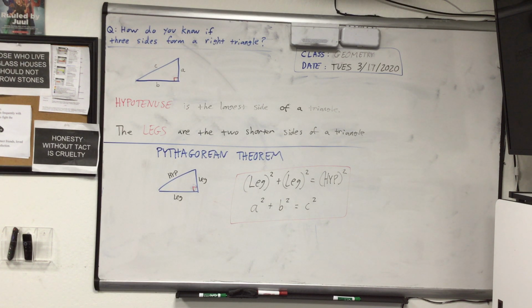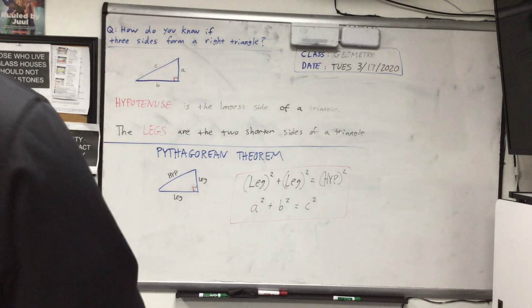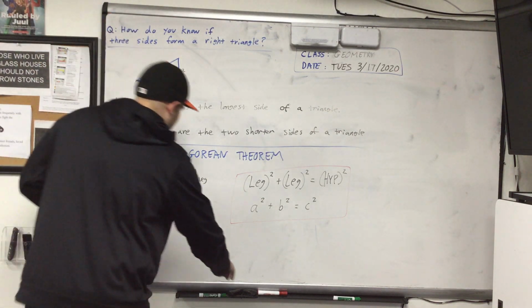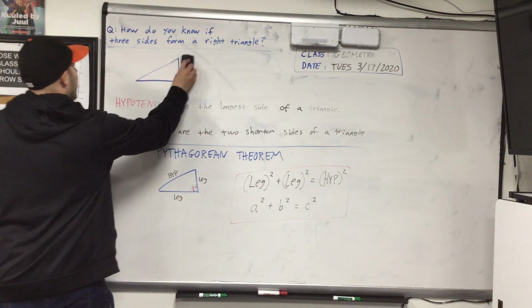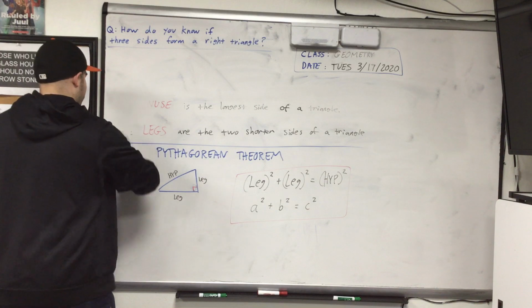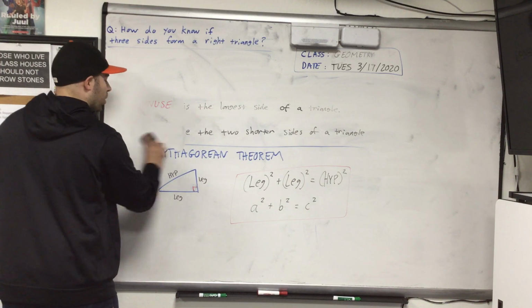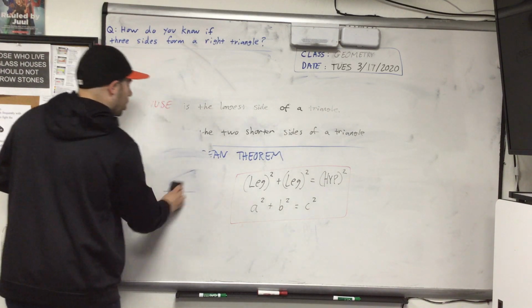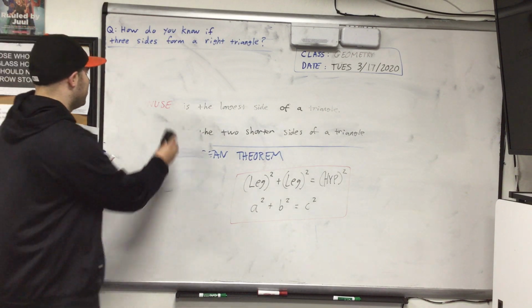Okay, so in the diagram, A and B are legs and C is the hypotenuse. Moving on. So now we're going to do some practice problems and figure out, do these side lengths form a right triangle? Fun fact, if three whole numbers form a right triangle, those side lengths are called a Pythagorean triple.